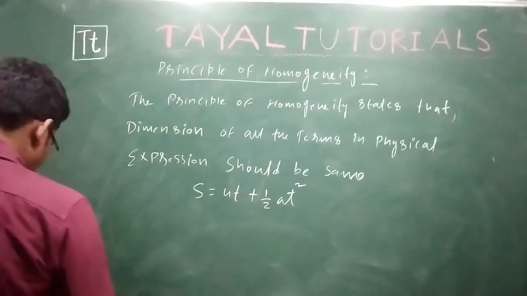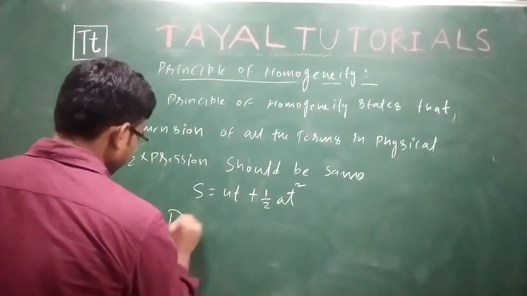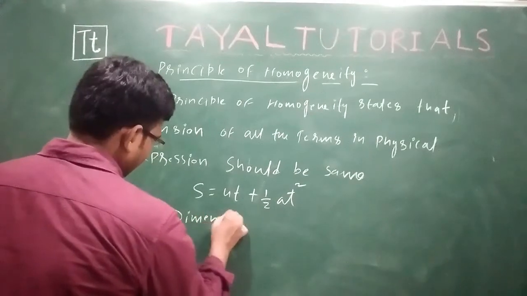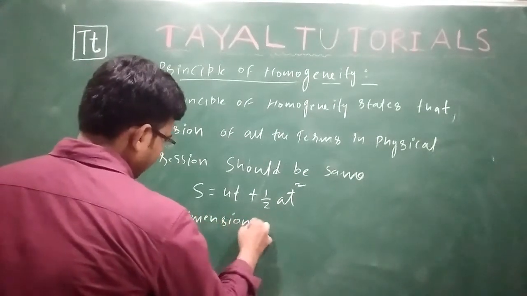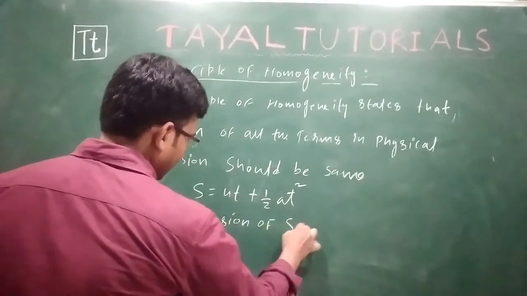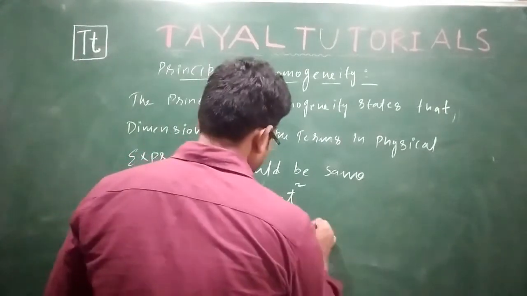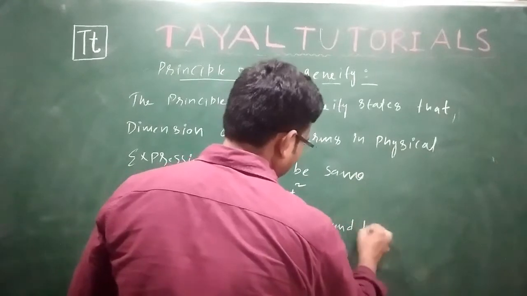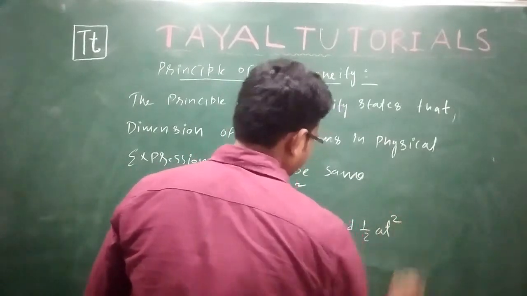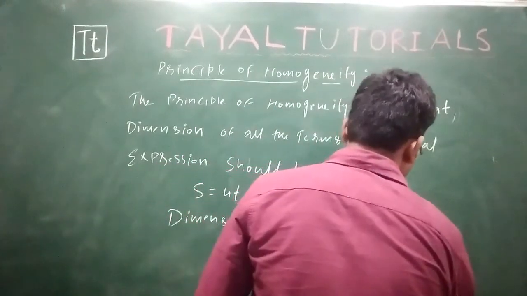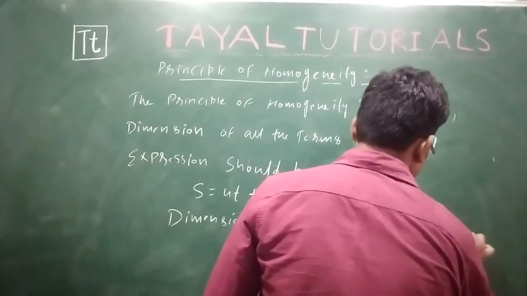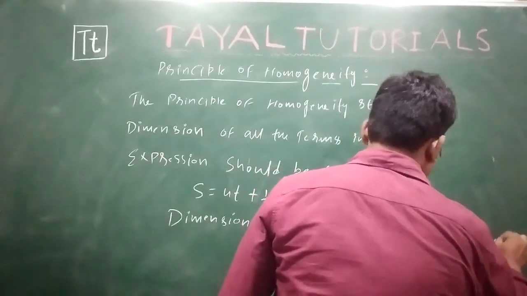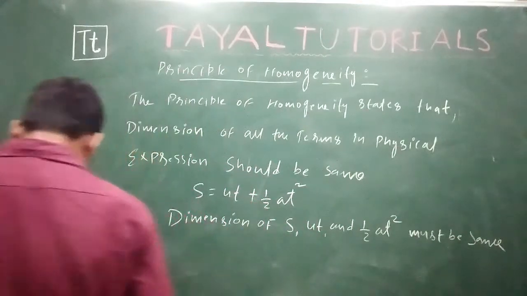So the dimension of s, ut, and half at square must be the same.